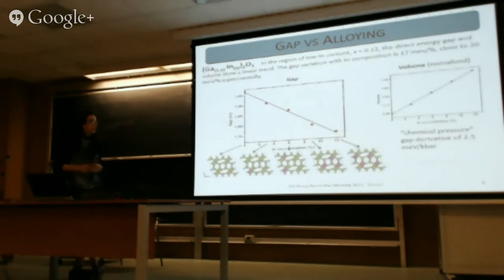So we have optimized several configurations of concentration of indium, and I've calculated the gap as a function of indium concentration. The direct gap and the volume both show a linear trend, and the calculated variation is in agreement with the experimental data.